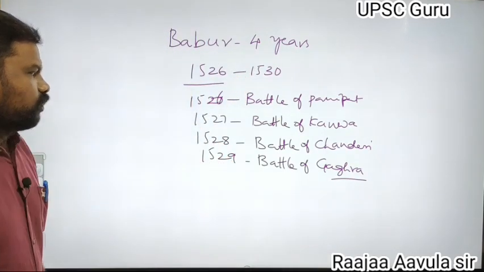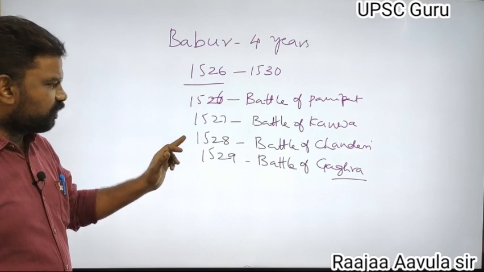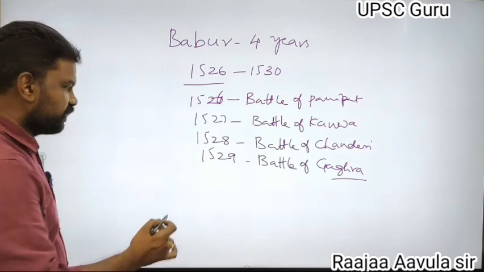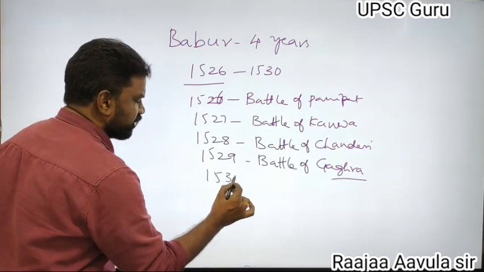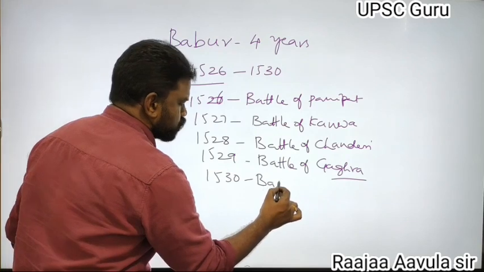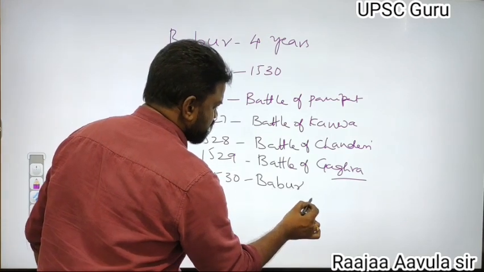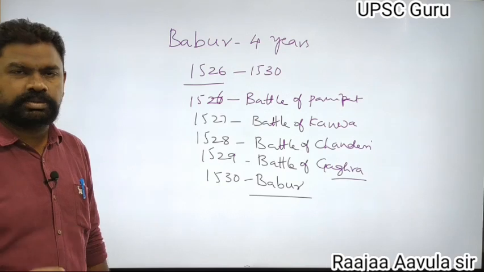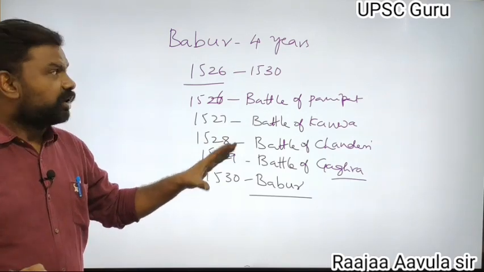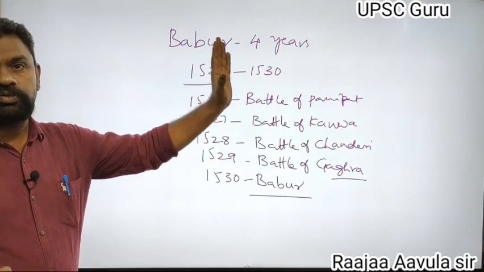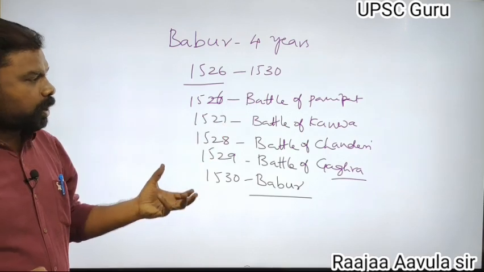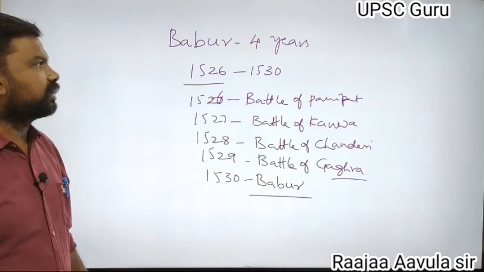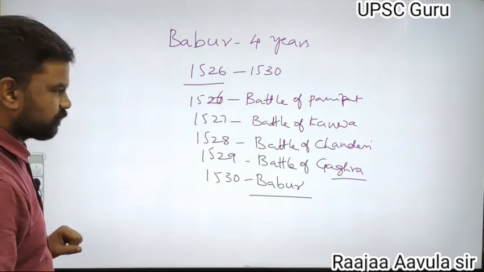Like this, for 4 years he continuously waged war, and in 1530 Babur died. So there was no chance for Babur to bring an administrative system from 1526 to 1530. Babur could not concentrate on the Mughal administrative system.